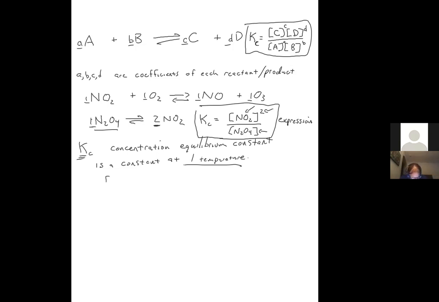So temperature can affect the value of Kc. All right. So that's why when you look at problems in chemical equilibrium, they will often tell you what the temperature is, not because you can calculate K based on the temperature, but because they just want you to know that everything in this problem is at the same temperature and they're not changing the temperature, because if they change the temperature, Kc might change. Okay. So there you go.